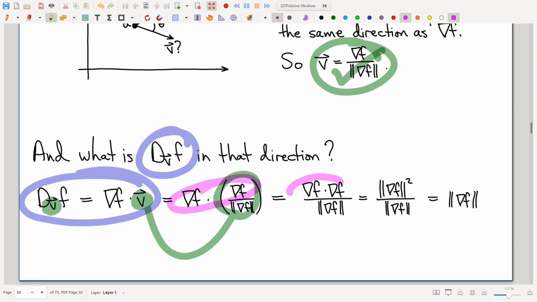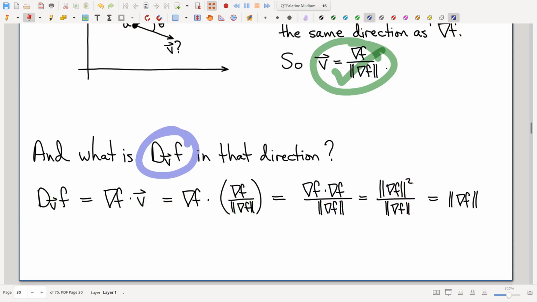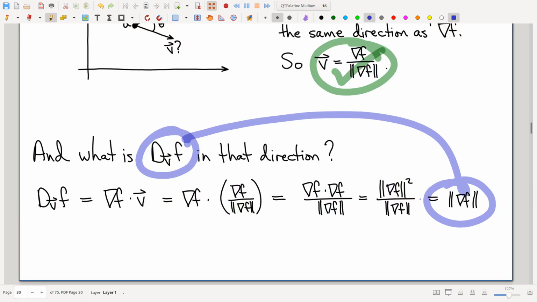Notice the dot product is a magnitude squared. Then the magnitudes cancel, and a nice punchline: the answer to the question, how fast is the function increasing? Well, the magnitude of the gradient. So again, how is this so weird? This little notational convenience called the gradient, its direction is the best direction, and its magnitude tells you how fast the function's increasing in that direction.